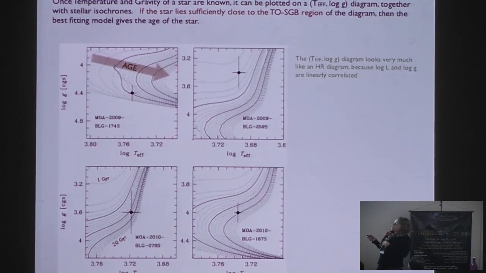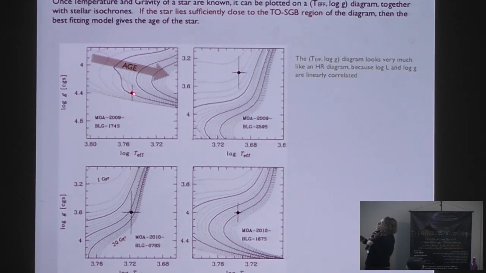This diagram is very similar to a theoretical HR diagram, because temperature is temperature and log gravity is a linear relation with luminosity. So it is almost the same if you put here log gravity or luminosity. In fact, if you draw isochrones in here, these are different examples of isochrones of different ranges of ages and metallicity. As you can see, they resemble a lot the turnoff that we are used to seeing in an HR diagram.